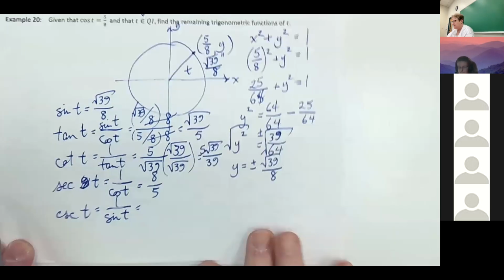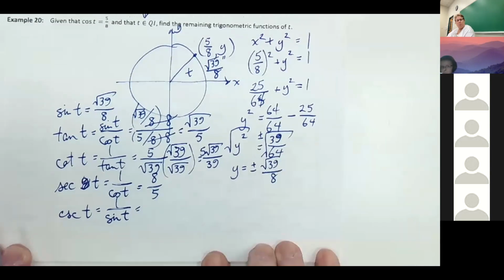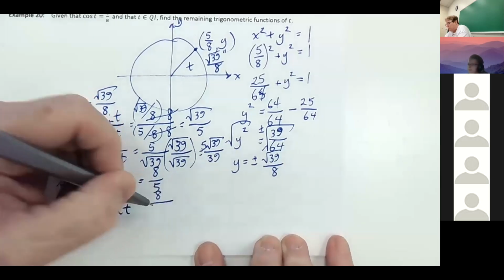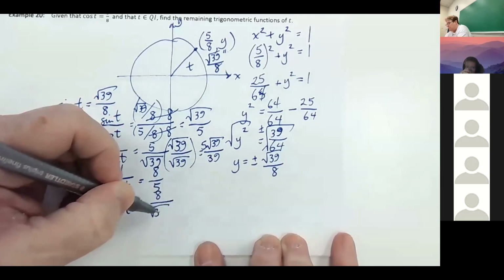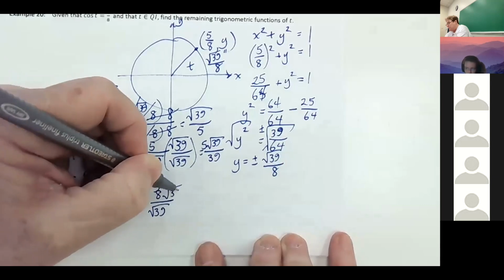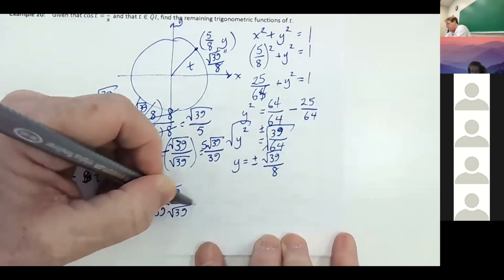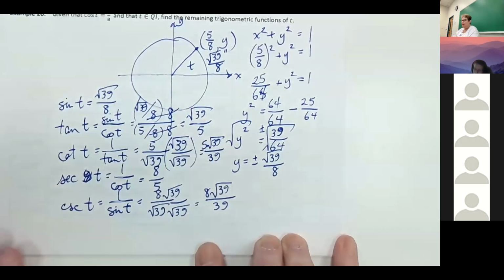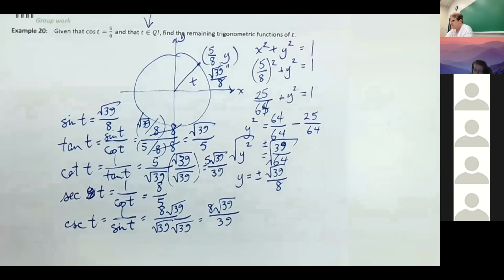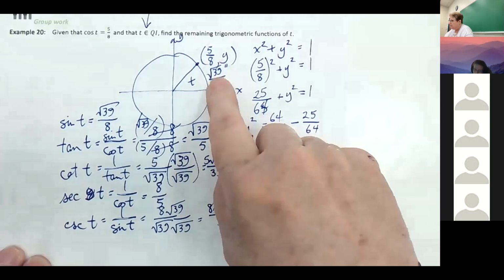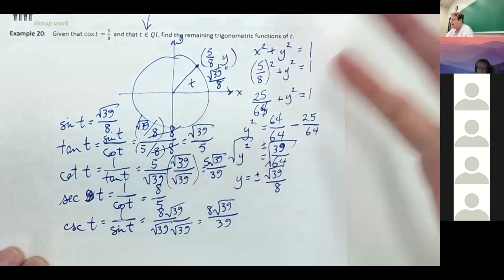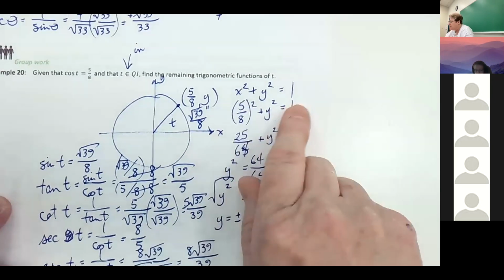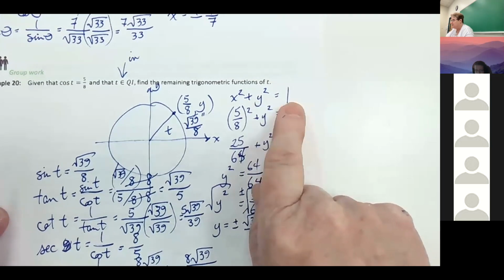So what is the cosecant? Excellent. So we're going to be doing this same kind of thing all semester. We're going to be starting with some value and finding the rest of the values from that one value, usually using this Pythagorean relationship.